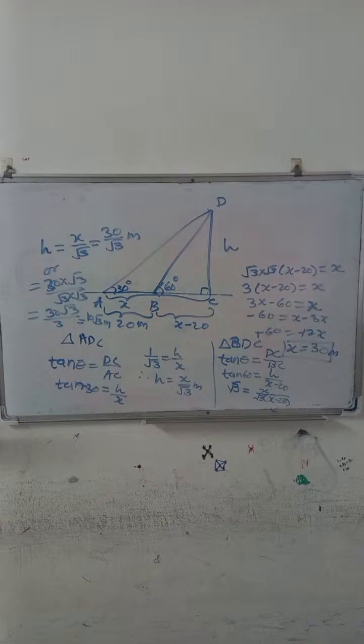Okay, I will repeat this. The angles of elevation of the tops of two vertical towers as seen from the middle point of the line joining the feet of the towers are 45 degrees and 60 degrees.